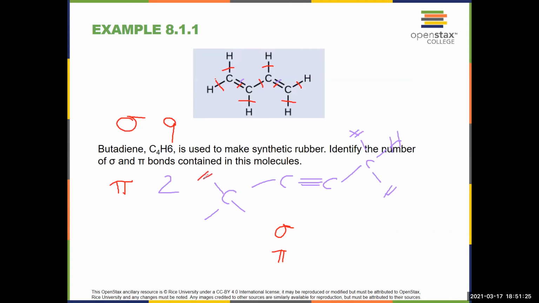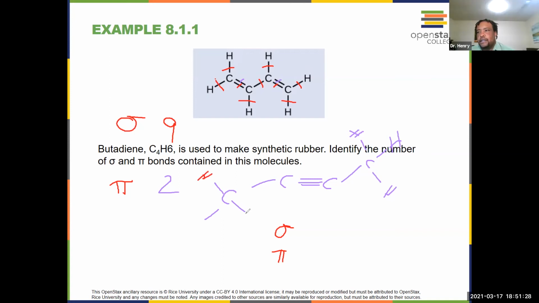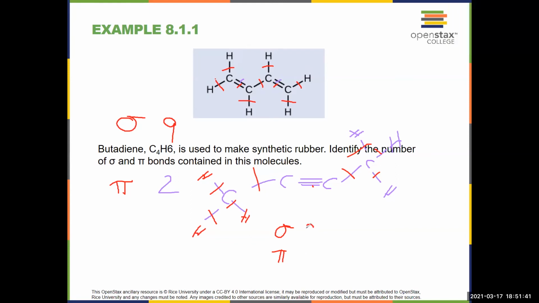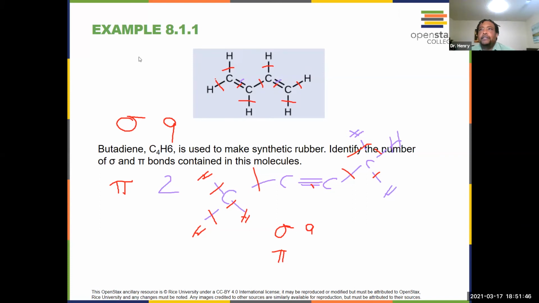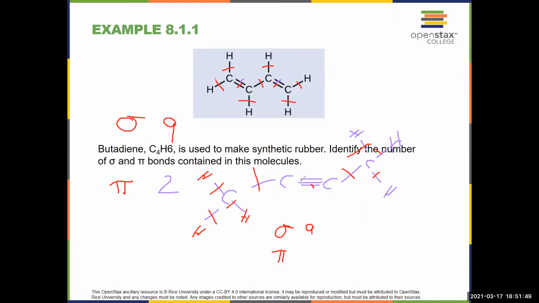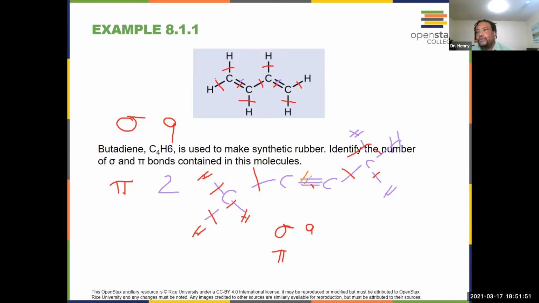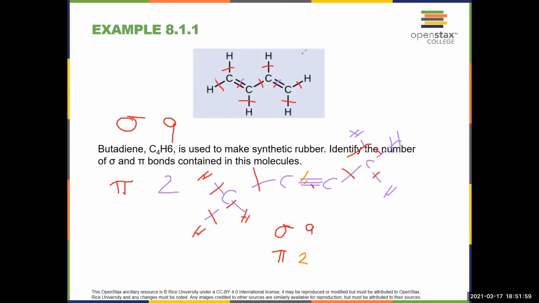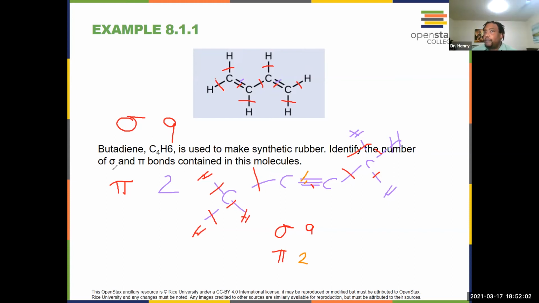Okay, let me finish writing these out. So that's 1, 2, 3, 4, 5, 6, 7, 8, 9. I can't count. And then how many pi bonds? 2 of them. 1, 2. Does that make sense? Yeah. So 9 and 2. Yes, good job.